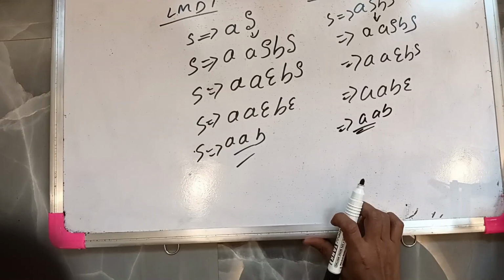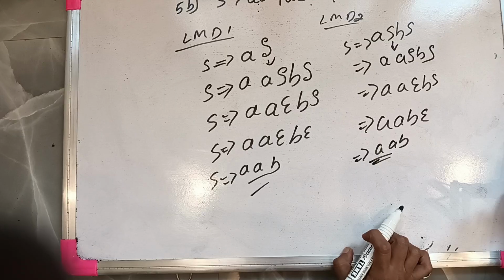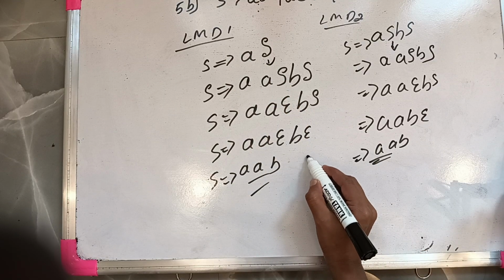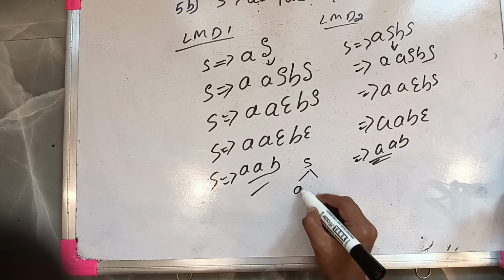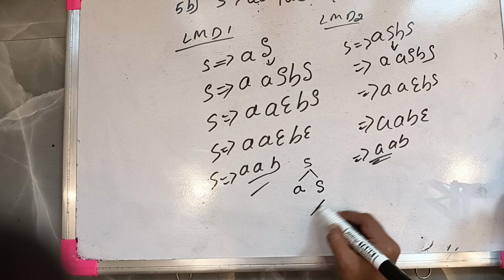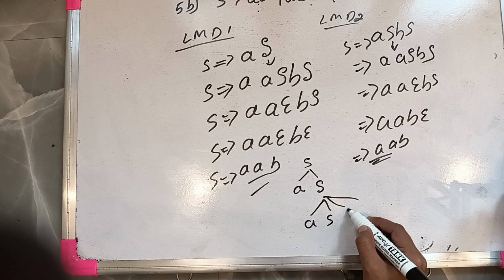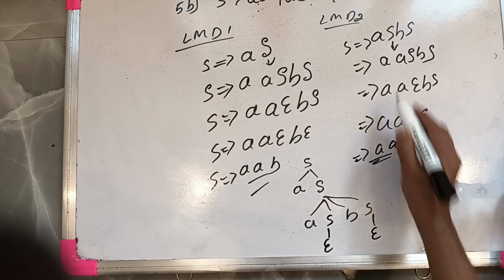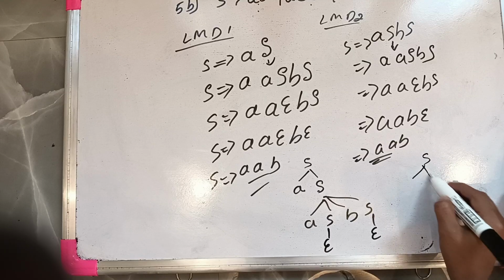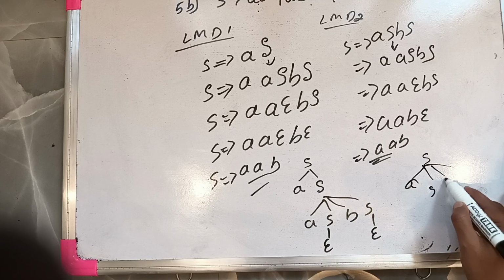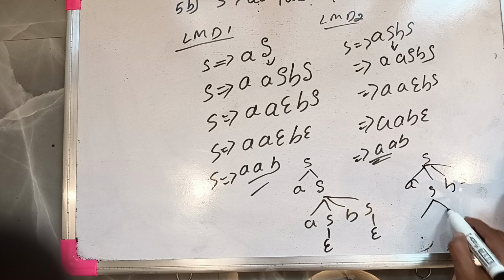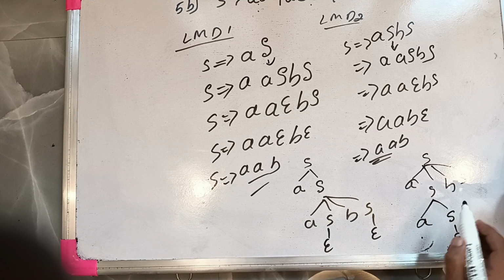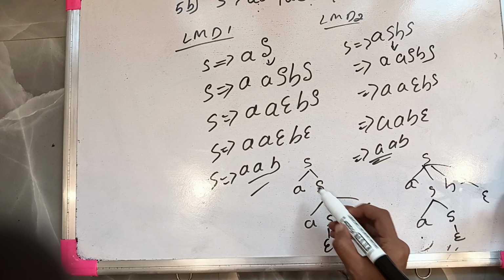Now, for both of these, write a parse tree. For this LMD1, the parse tree becomes S gives AS, and here ASBS, S is replaced by epsilon, epsilon. For the other, S is ASBS, next S gives AS, S is replaced by epsilon, and here S is replaced by epsilon.